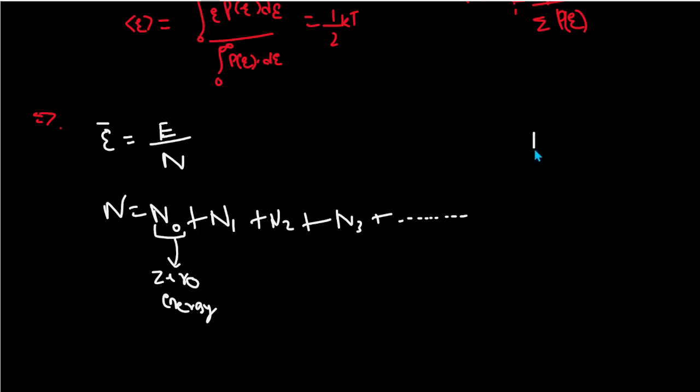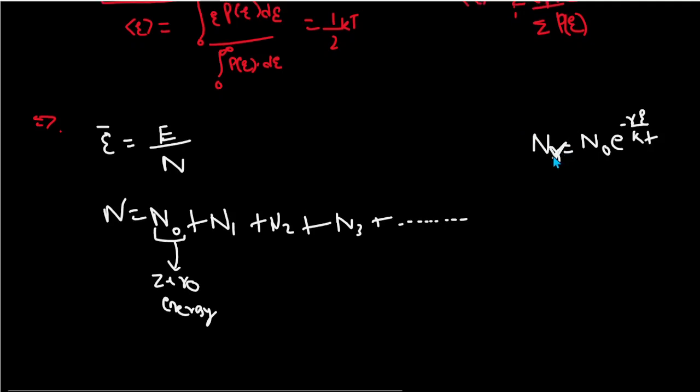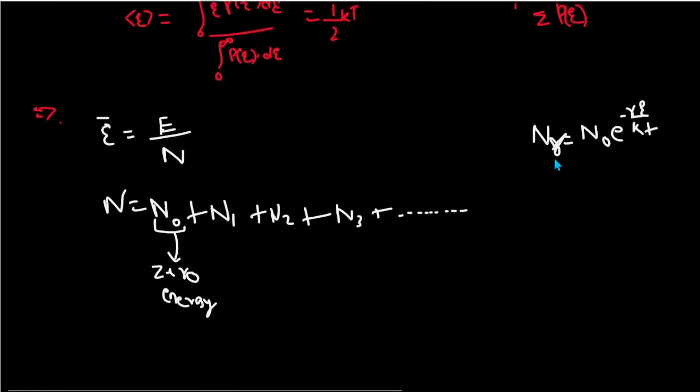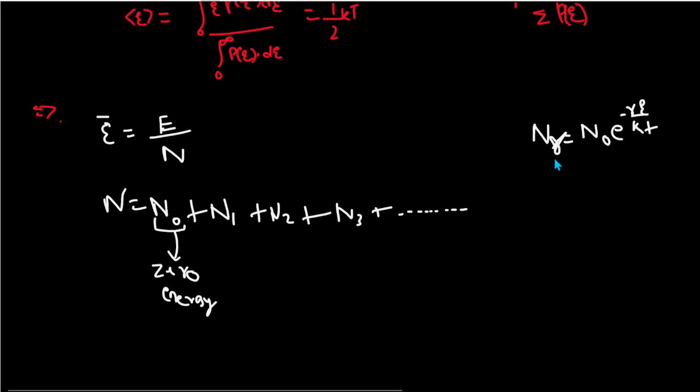Then the particles, let's say, n0 e to the power negative rE divided by kT. Okay, so this is the formula, and this is r here. The meaning of this is how many particles have an energy of, let's say, r. If you put the value of r as 1, you will get the number of particles having energy h mu: n0 times e to the power negative E by kT, where I substitute the value of E as 1 h mu.